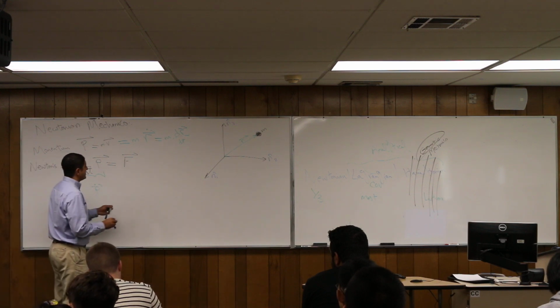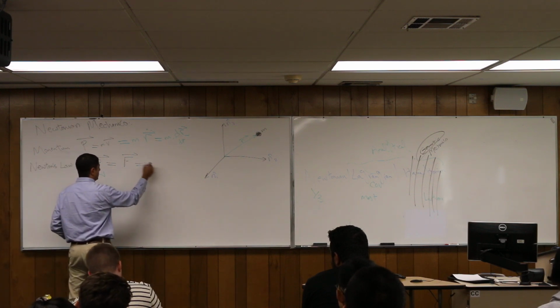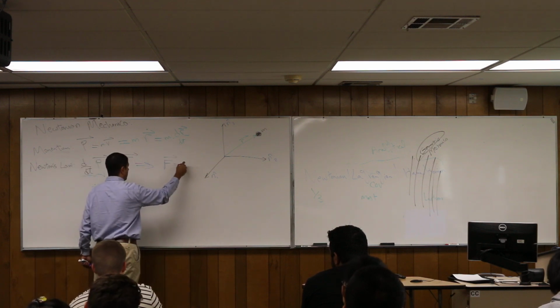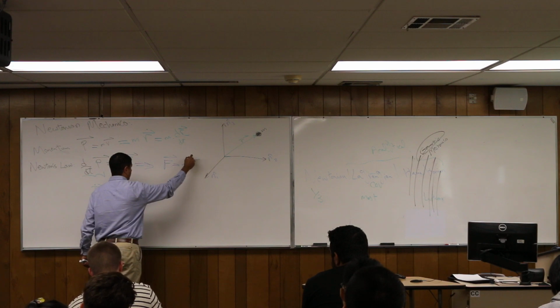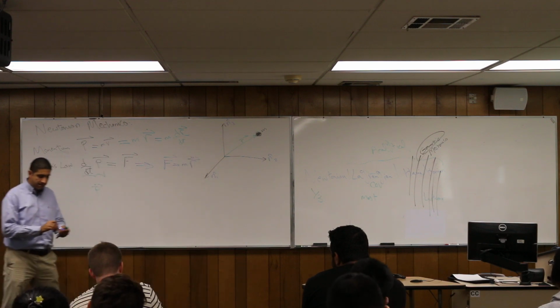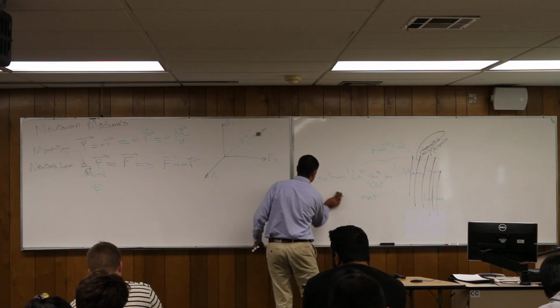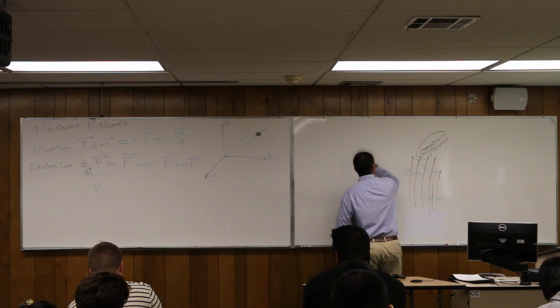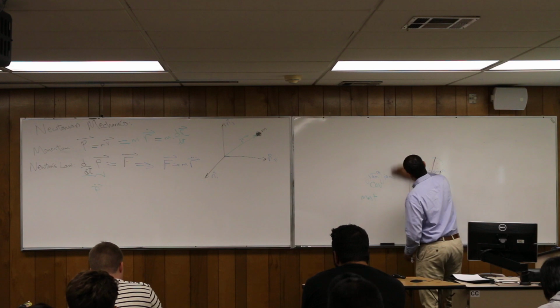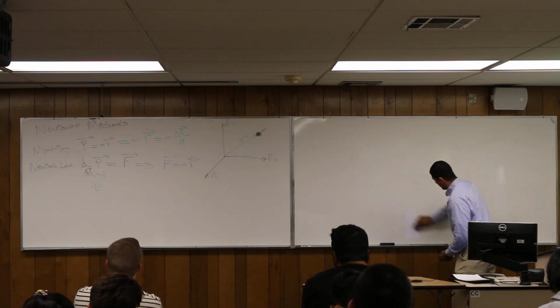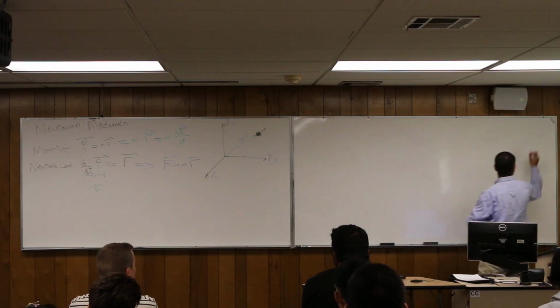Which means, as all of us know, if the mass is constant, this gives you F equals ma, or m r double dot. Okay? Any question about that?